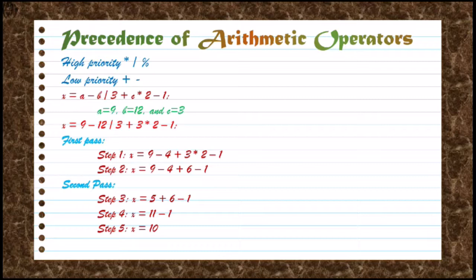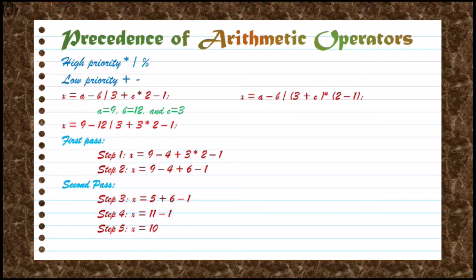However, the order of evaluation can be changed by introducing parentheses into an expression. Consider the same expression with parentheses as shown: x equal to a minus b divided by, in bracket, 3 plus c, close the bracket, then into, and again in bracket, 2 minus 1.